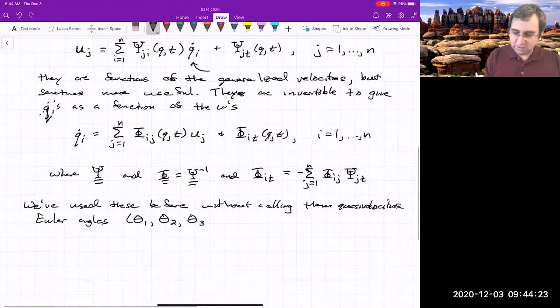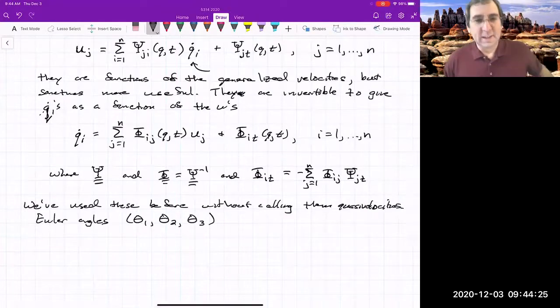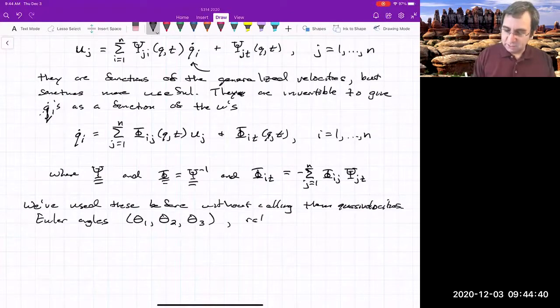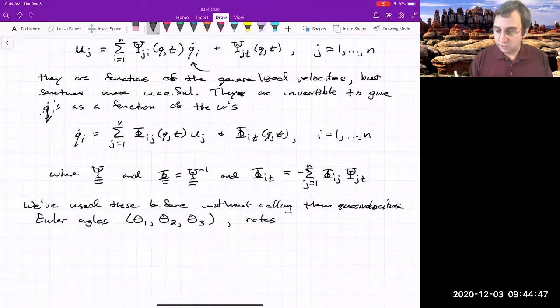If you're to describe the rotational degrees of freedom for a rigid body, you would use Euler angles. I'm just putting these generic theta 1, theta 2, and theta 3 because there's 12 different types of Euler angles. But they have their rates of change. So if these thetas are the generalized coordinates, their rates are generalized velocities.